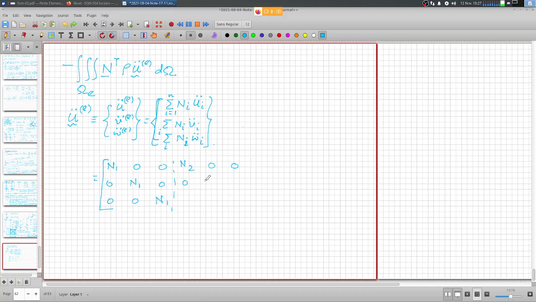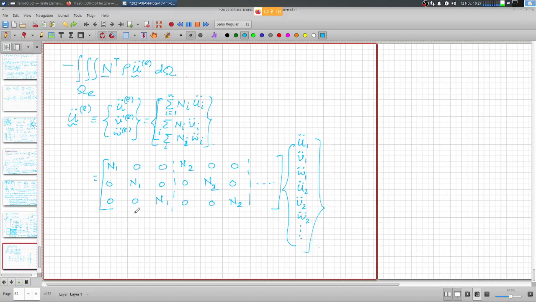These are the interpolation functions corresponding to node 1, node 2, etc. for any element, multiplied by U1 double dot, V1 double dot, W1 double dot, U2 double dot, V2 double dot, W2 double dot, and so on.